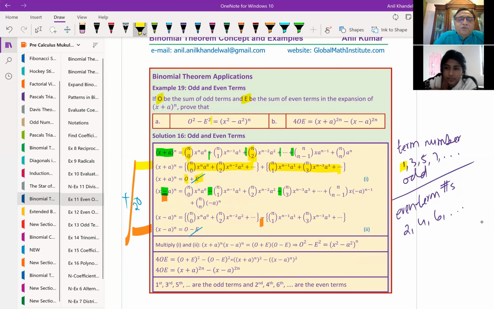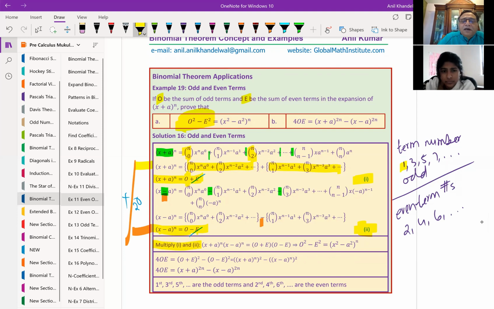So we have already known what happens when you add and subtract. Now let's see, multiplying equation 1 and 2. When I say equation 1 and equation 2, I really mean when I'm writing this series as a combination of odd and even, right? So clearly, you can say O plus E times O minus E is O square minus E square. That's what I meant when I wrote O square minus E square right there.